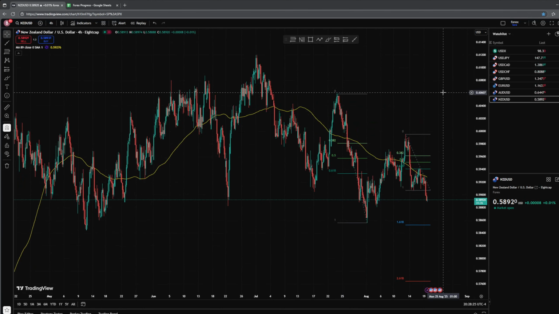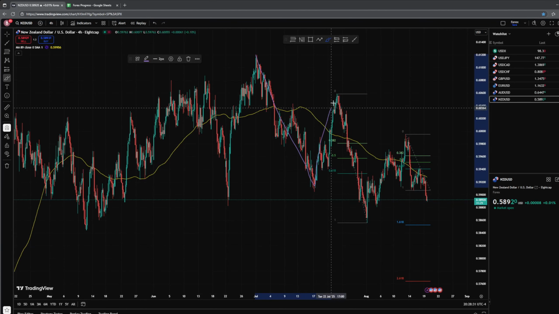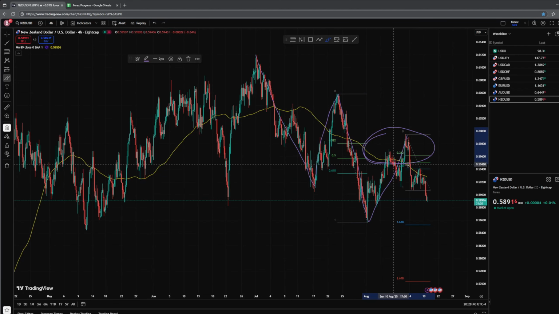Okay, New Zealand dollar USD. Again, the same story. So we have nice down leg, retracement, down leg, retracement. And if you guys have been following my videos, when the market retraced about the 50 to 60% zone here, I said that's a really good zone to sell New Zealand dollar USD.